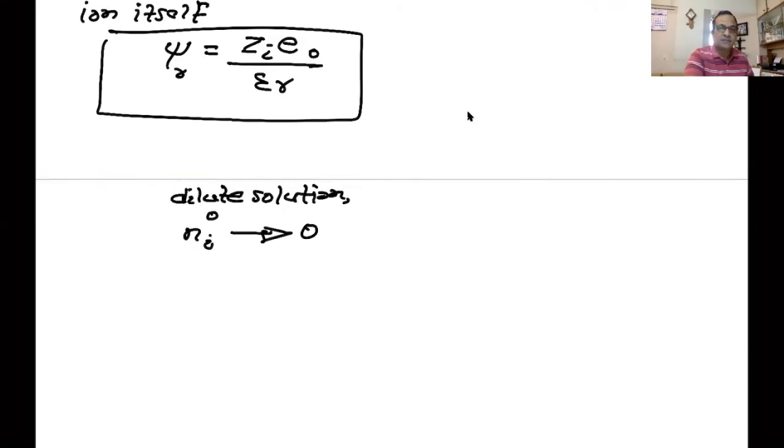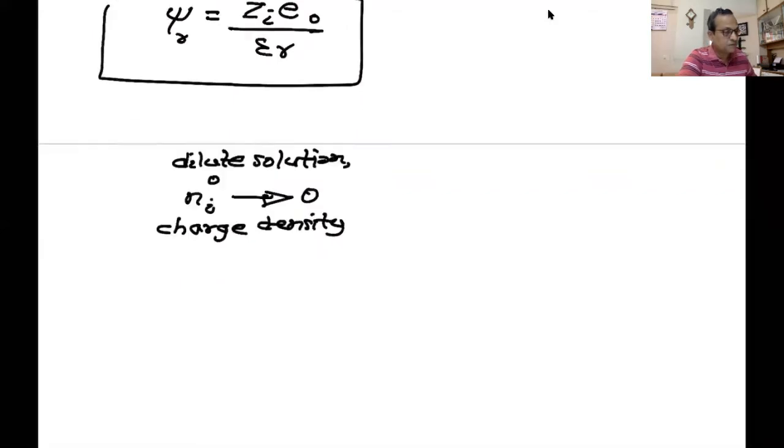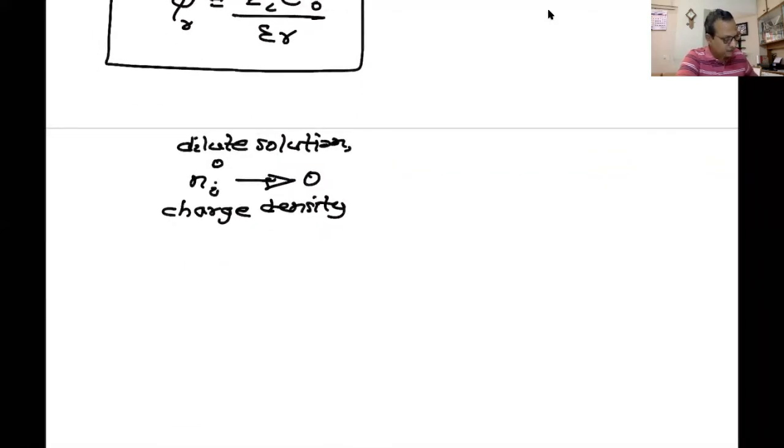Obviously my solution is dilute, so my ions are away from each other, so it will basically be 0. ni0 is nothing but a charge density. Actually, if you go back and see your notes, it's the number of ions per unit volume. So that is 0. Then what will happen?